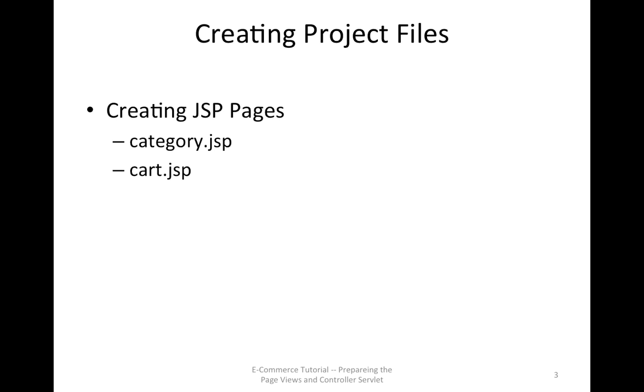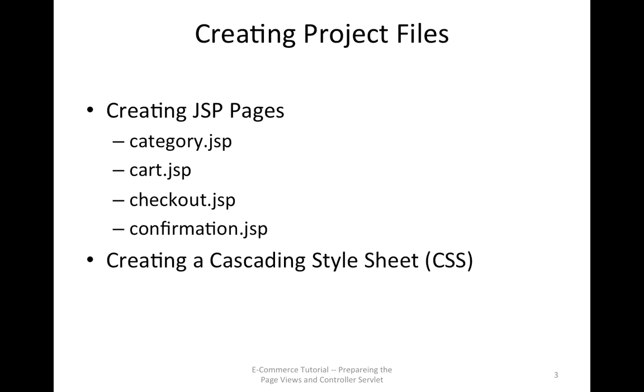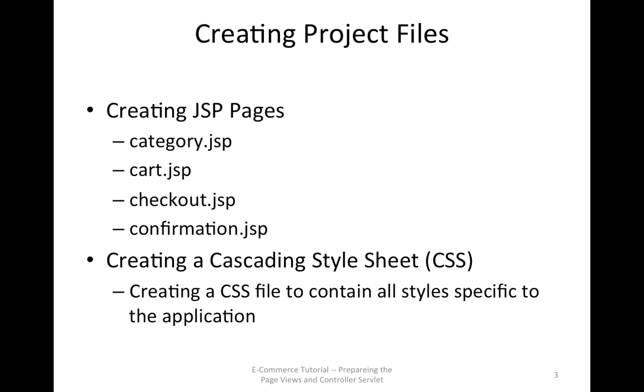First is category.jsp, then cart.jsp, third checkout.jsp, finally confirmation.jsp. We also need to create a cascading style sheet, so-called CSS. The purpose is that the CSS file contains all styles specific to the application.